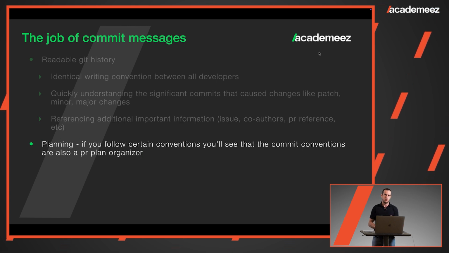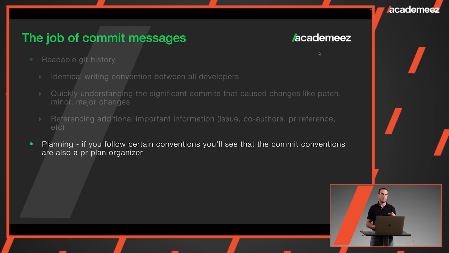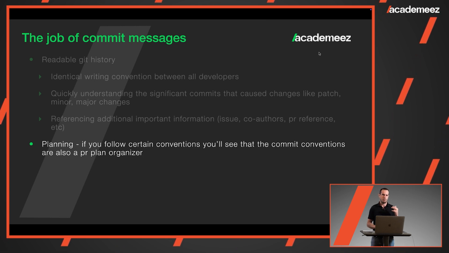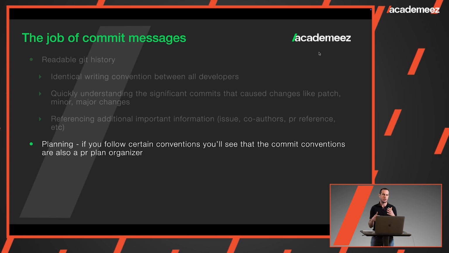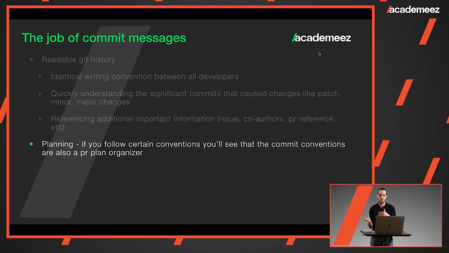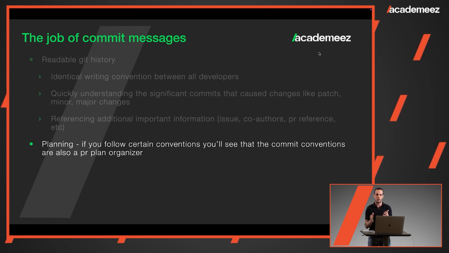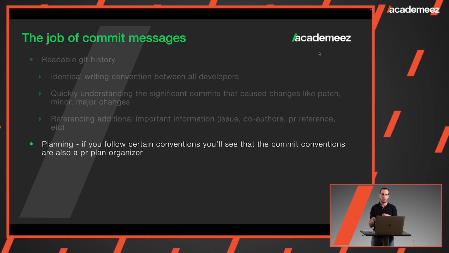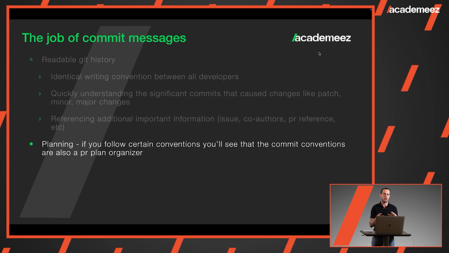Now, the thing that really took me a while to understand when I wrote those Git messages is that it actually helped me plan. When you code a feature, you have a certain plan. Maybe you write an RFC or a general plan or a plan in your head, whatever you're doing, you're planning your work. And then you start working, and maybe you're working on a big feature.